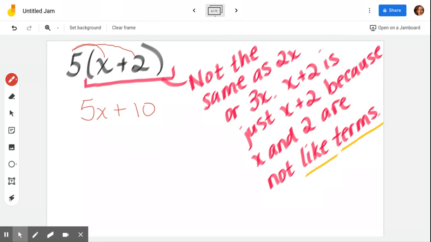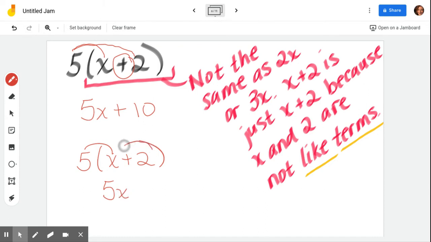Now, one way that you'll see me explaining some of these here in a bit, when we start throwing in negative signs, up till now, I've just been saying keep the plus or keep the minus. However, I'm going to kind of shift gears now, and I'm going to explain it this way, because like I said, it's going to help when we hit the negatives. 5 times x is 5x.